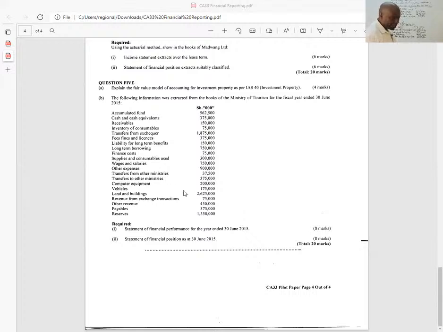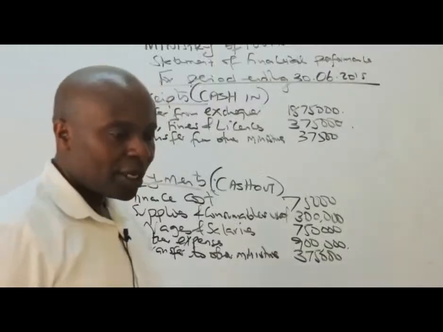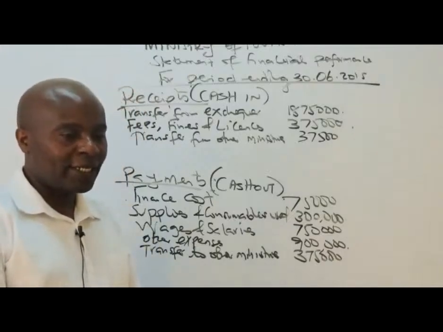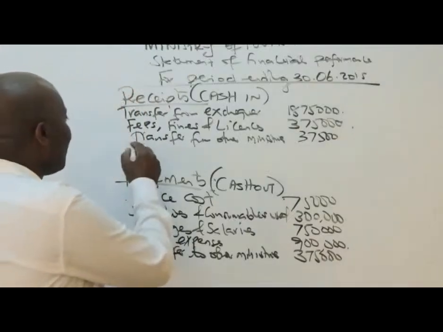Revenue from exchange transactions, where do I take this really? Revenue from exchange transaction. It's a receipt, isn't it?